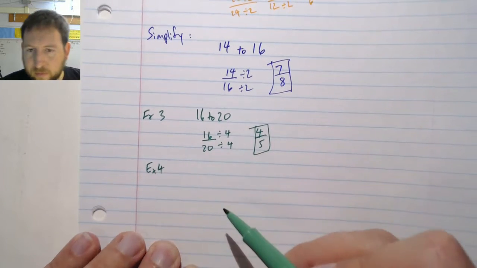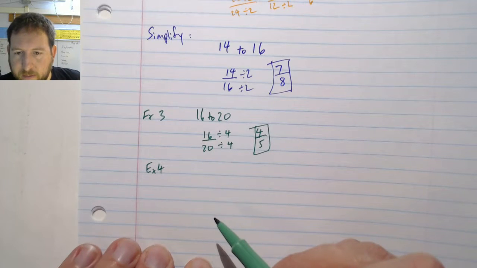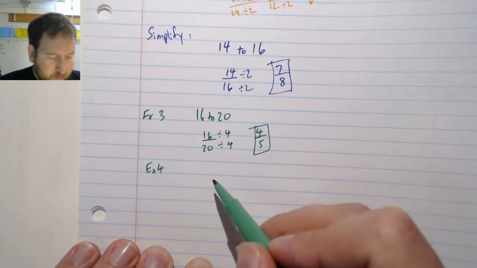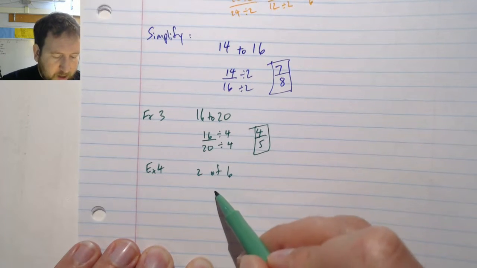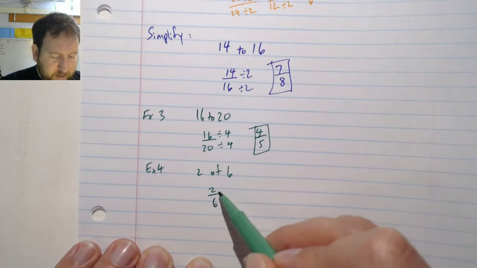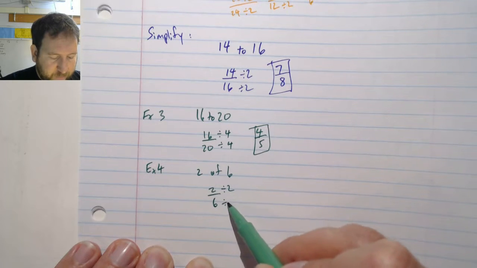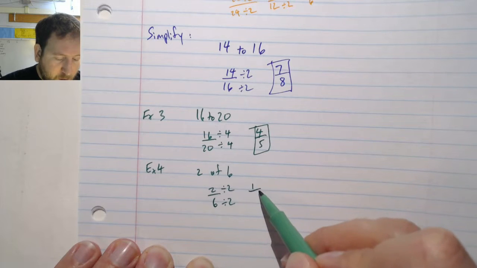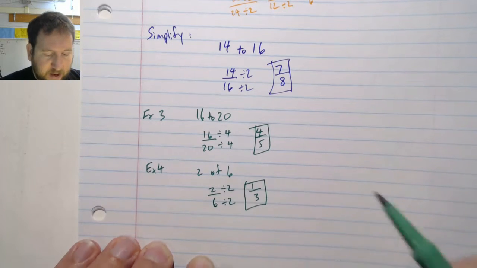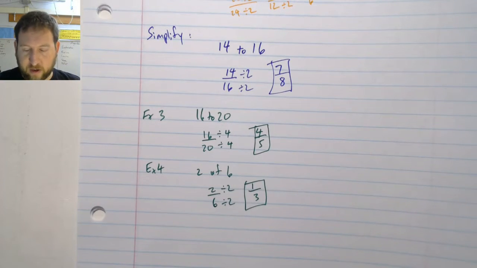Example 4. Let's see, we have 2 of 6. And I'm going to write that as 2/6. And I'm going to divide both sides by 2, the top and the bottom, my numerator and denominator. So I get 1/3 as my simplified ratio. Not too bad. Good luck.